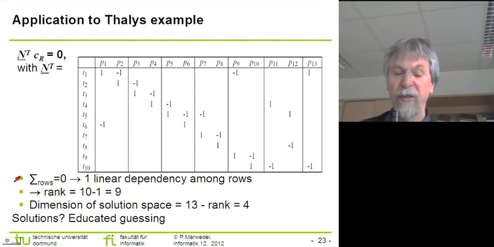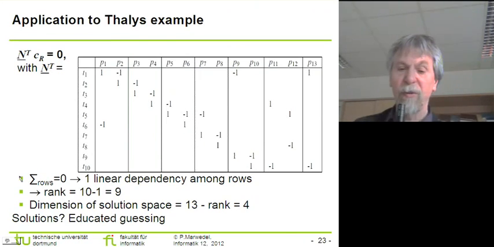From the course on linear algebra, we should remember that sometimes it is very useful to consider dependencies between rows because they actually have an impact on the dimension of the solution space. If you look at this particular matrix, we see that the sum of all the rows is equal to 0.